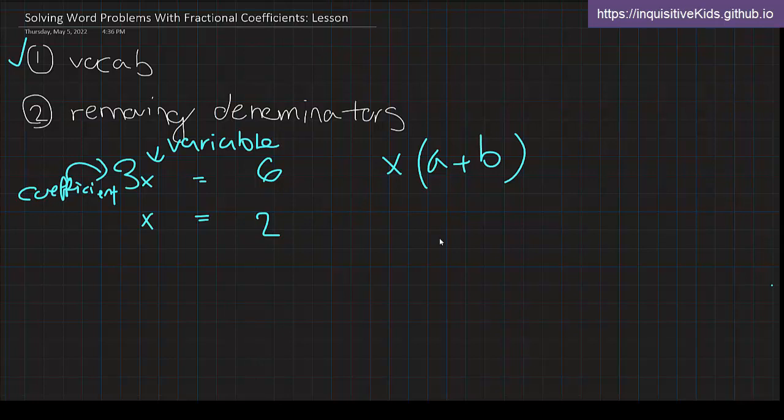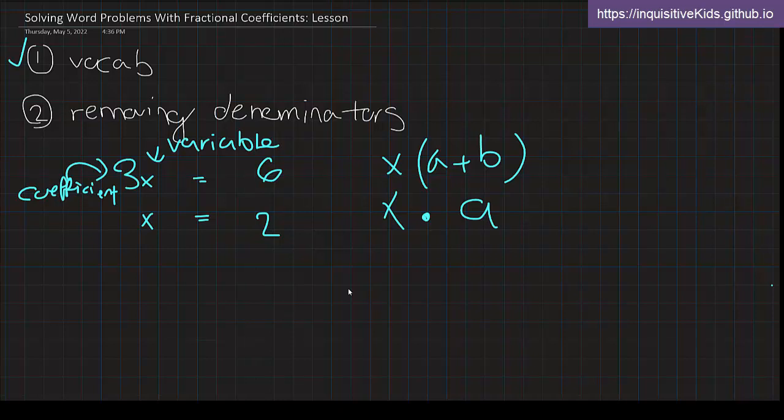Well, mathematicians chose not to use this multiplication sign in a lot of these functions because they're afraid that it could get messed up with being a variable. So they discovered other ways to do this. For example, adding parentheses around a value means it's being multiplied. Or another would be x times a, where the times sign is now a dot. So that's also something to keep in mind.